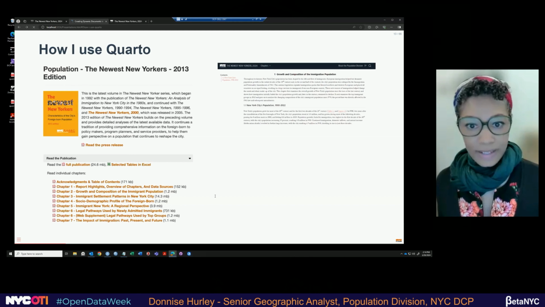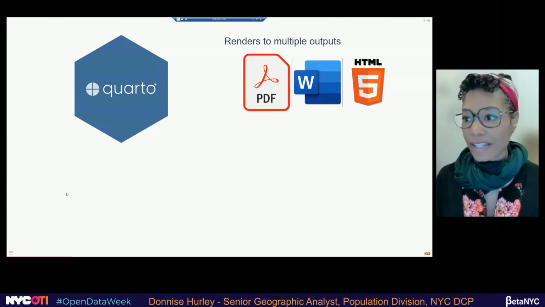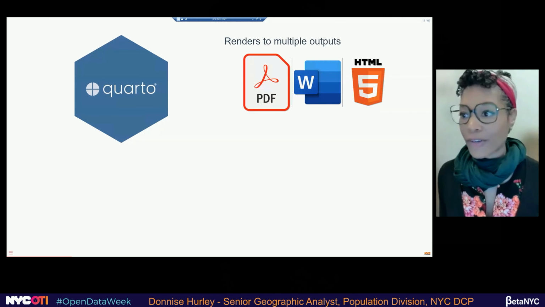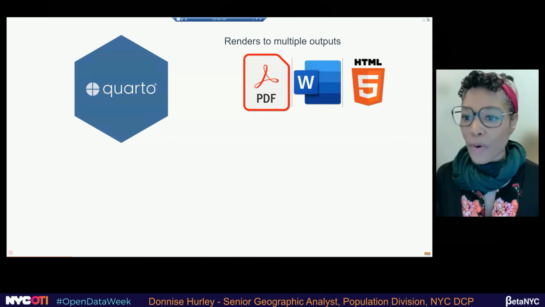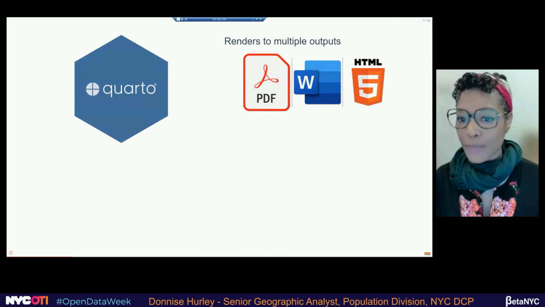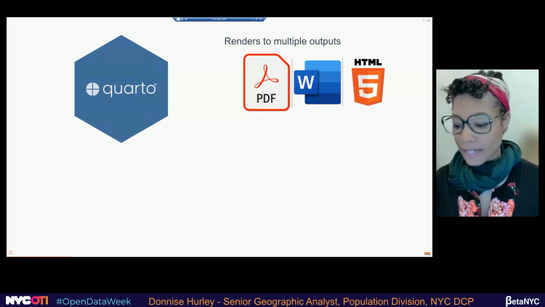So let's go back. The other strength of Quarto is that it can render to multiple outputs with just a few lines of code, which is great if you want to share this. Some people only read in Word, or sometimes people want something that's print ready, like a PDF, but then you can post it on a website using HTML.